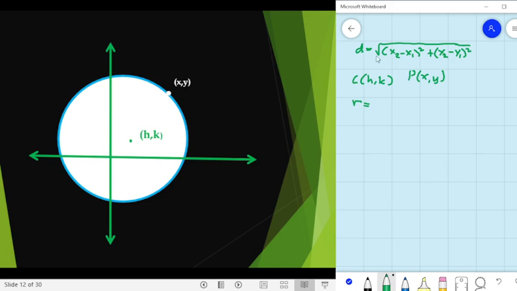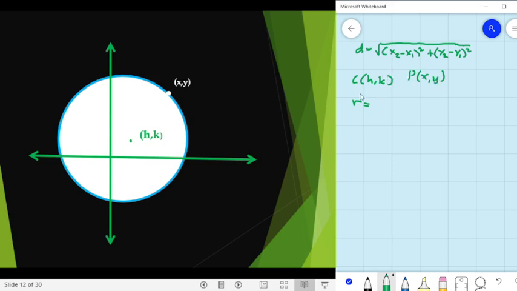That's why we are going to use this formula, in which our x sub 1 is h, our x sub 2 is x, and then k will be our y sub 1, and y will be our y sub 2. Because x sub 2 minus x sub 1 is the difference between two abscissas, and this one is the difference between two ordinates.